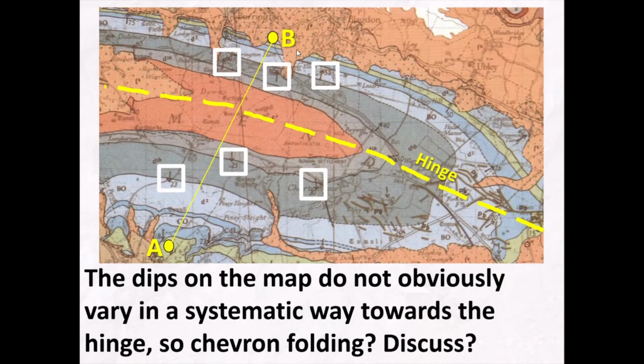So the north limb has a uniform dip, it seems, of about 60 degrees. And the southern limb has a pretty uniform dip of around 25 degrees. In between this 60 pointing to the north and 25 pointing to the south, there isn't a gradual change. This doesn't turn into 50, 40, 30, 0 and then count up the other way.